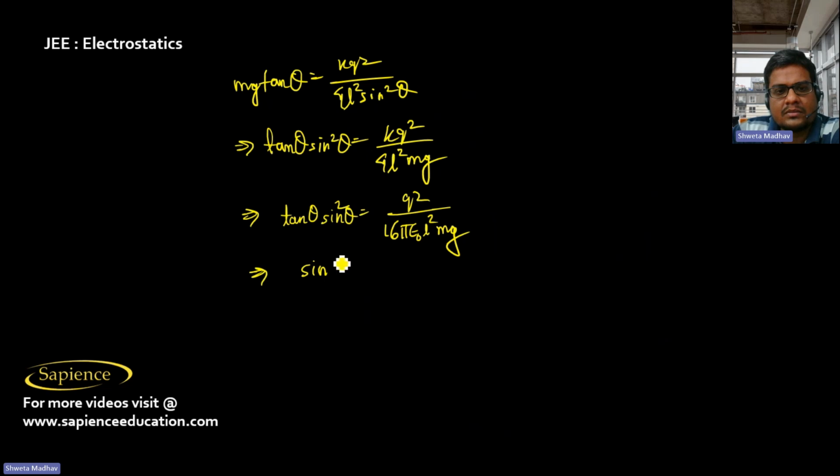Sine theta by cos theta, so sine cube theta by cos theta, that is q square by 16 pi epsilon naught L square g. So 4L square sine square theta, that is obviously x square.